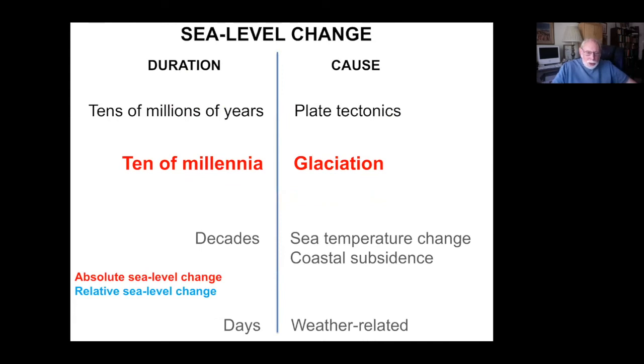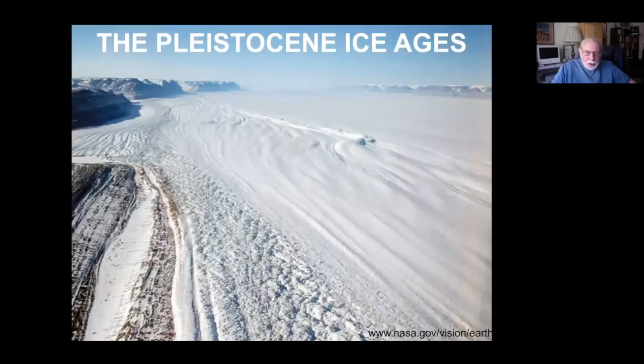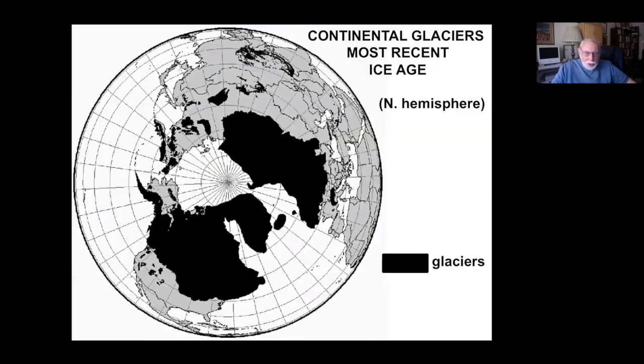Going to shorter periods of time, we have glaciation. We talked a bit about that last week, with the glacial changes in sea level being high during the warm periods and low when the glaciers existed during the ice ages, because that would have taken water out of the ocean and stored it on land.